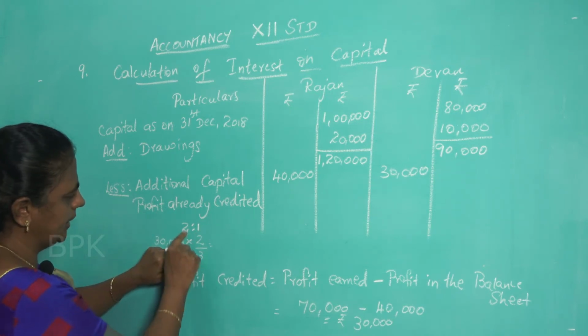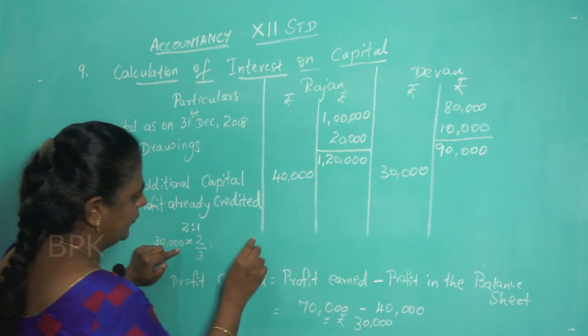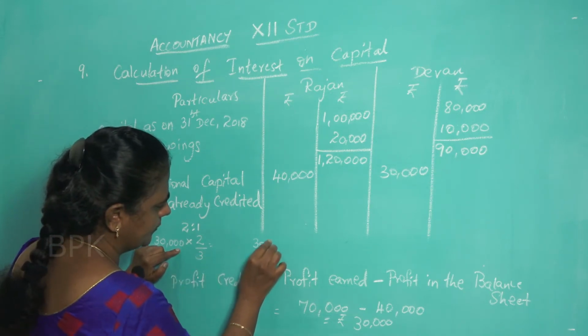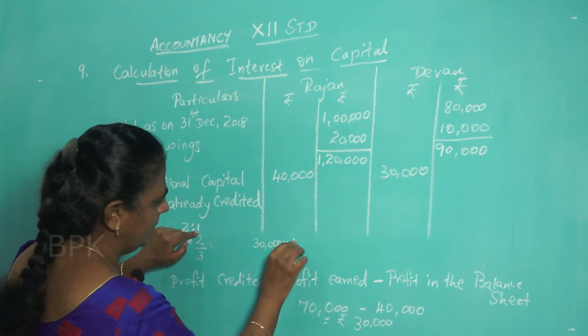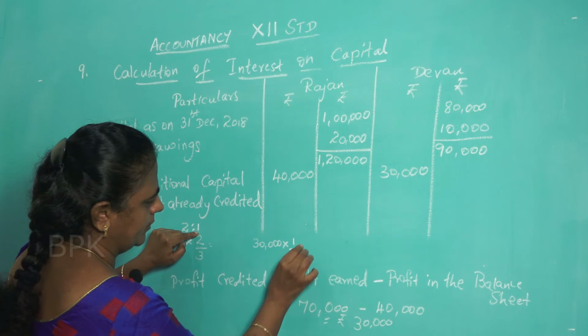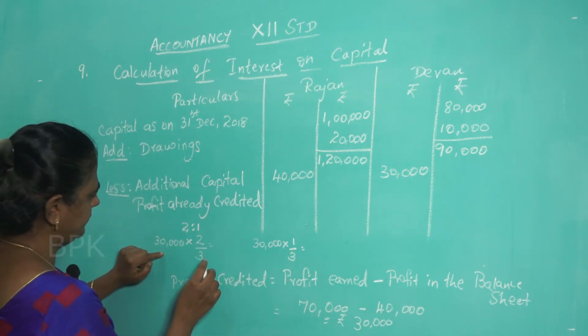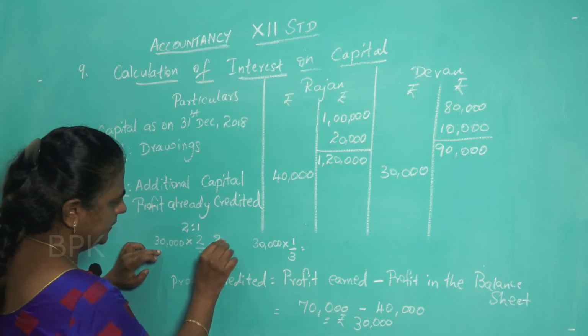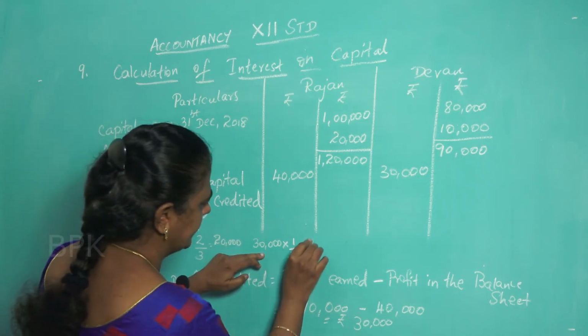How you got this 3? 2 plus 1 gives 3, the denominator. Again, for the second partner, the 30,000 profit should be divided in the ratio of 1/3. So for the first partner you will get 20,000 and for the second partner you will get 10,000.